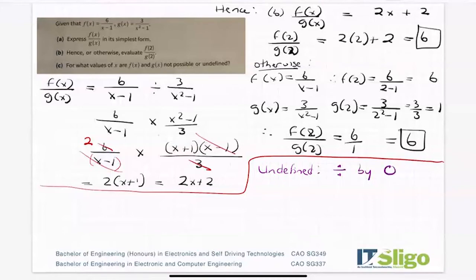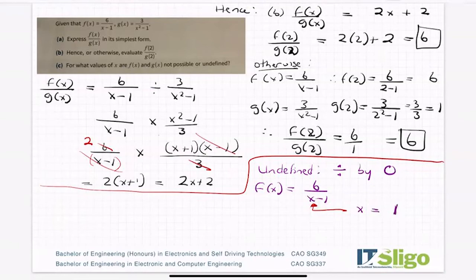So if you consider your functions, let's consider f of x being equal to 6 over x minus 1. Okay, well, what would force this? What value must x have here so that I would end up dividing by 0? Well, when x was a positive 1. Then on the bottom line, you'd have 1 minus 1 is 0, and that's not allowed.